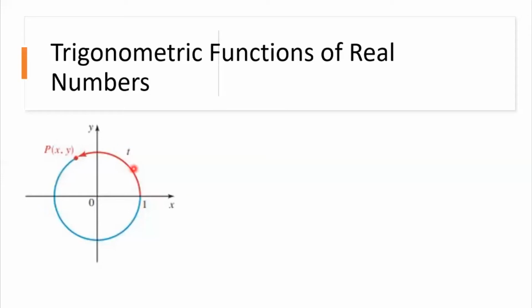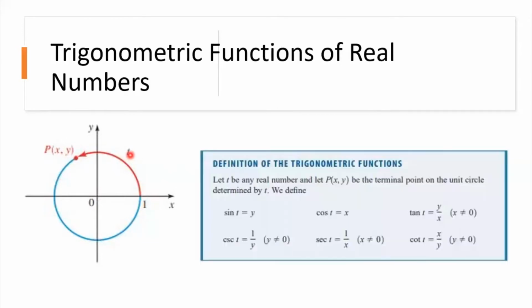But if t is negative, that means the point is moving along the circle in a clockwise direction. Now, what is the value of x and y given t?